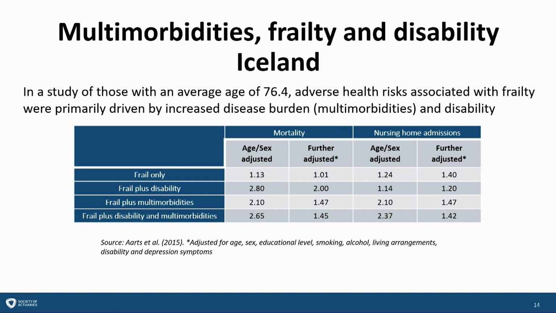But you can see that for combinations of being frail, being dependent on others for care, and multimorbidities, there are some different relativities. We don't have time to go into the details, but you can see that the combination of these factors can make your expected mortality worse.